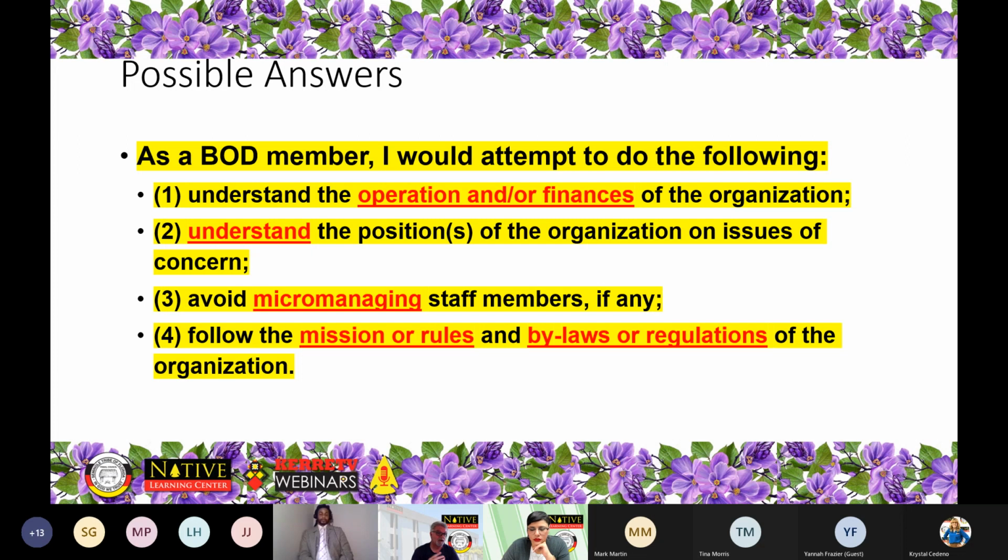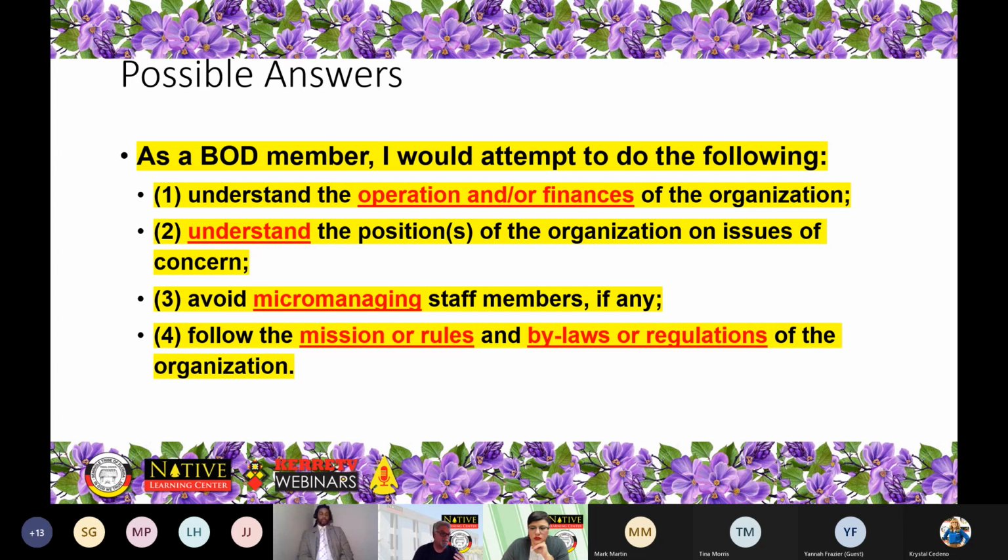The second one, I put understanding the position or positions of the organization on issues of concern. This is part of our duty of care as board members, to understand the position, even if you might not agree with it as an individual board member.